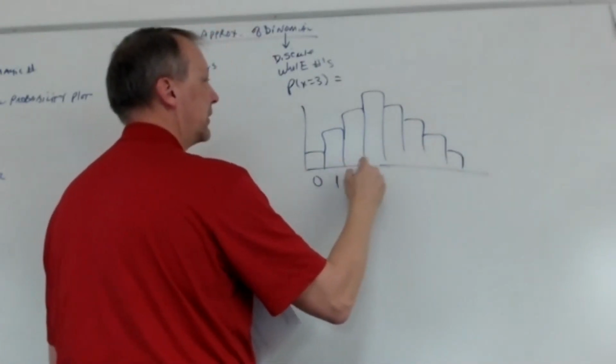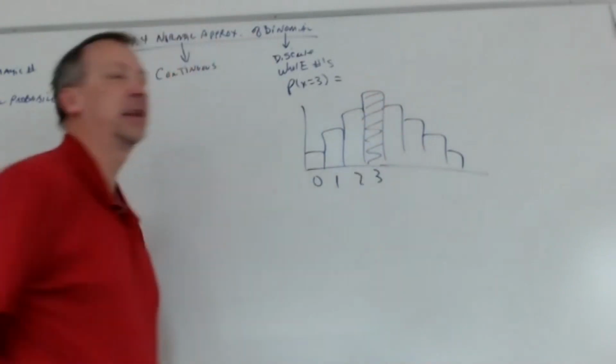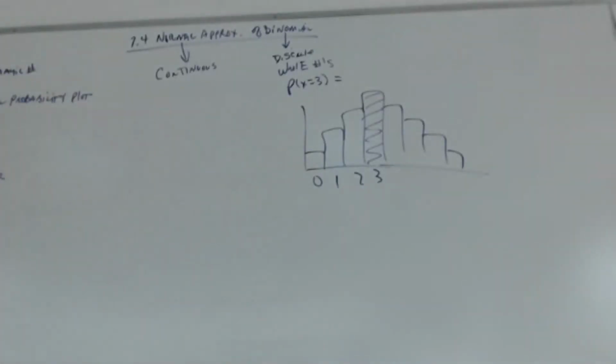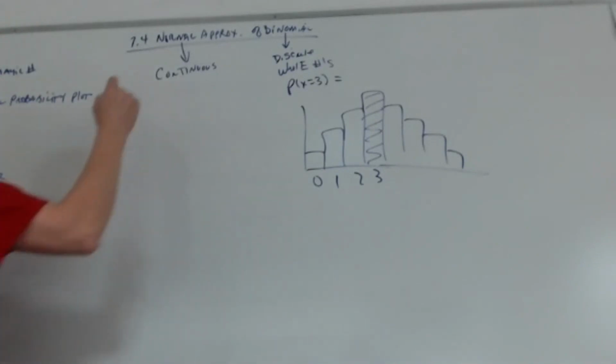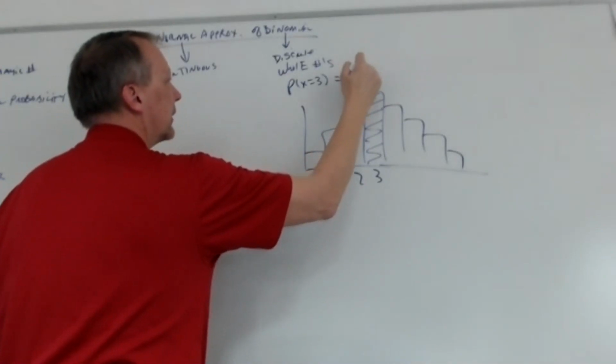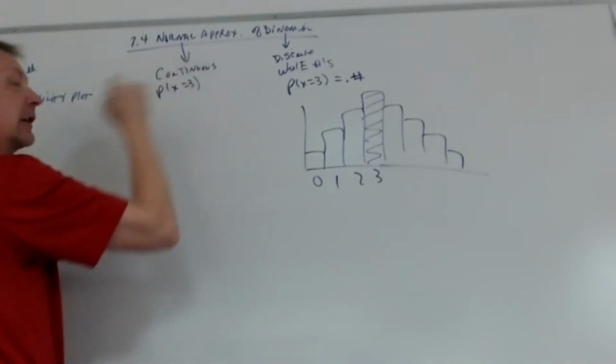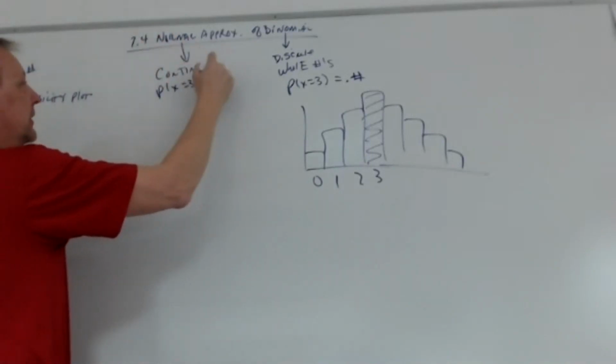So this is 0, 1, 2, 3. So I could find the area of this. That would be the probability, right? Okay. On a continuous, so this will equal some decimal number. So on a continuous, what's the probability that x equals 3? It's going to be 0.